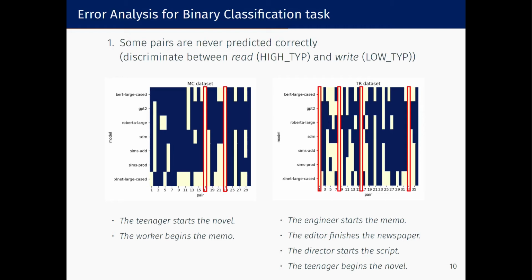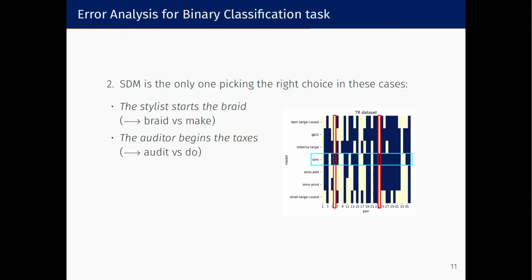The fact that no model can correctly classify these cases tells us that their interpretation is not trivial, requiring high typicality knowledge. Another observation is that 2 cases are correctly classified only by SDM, that are the stylist starts the braid and the auditor begins taxes. So you can see there is only a blue piece here and the rest is a full vertical yellow line.